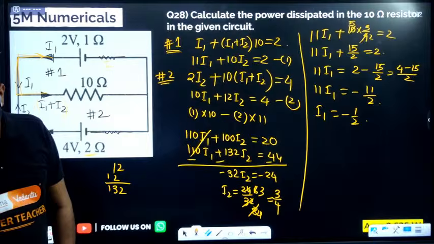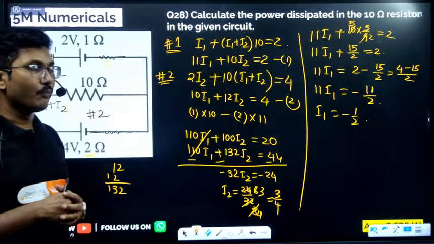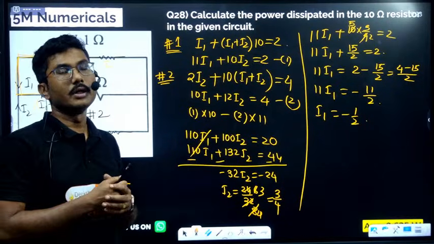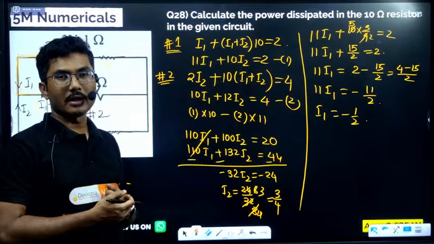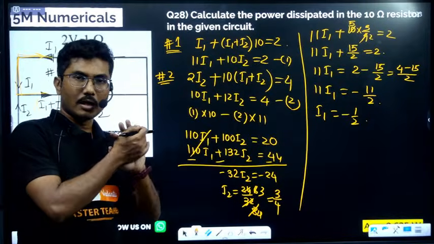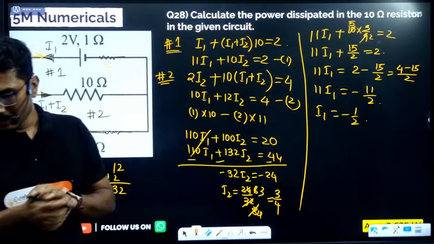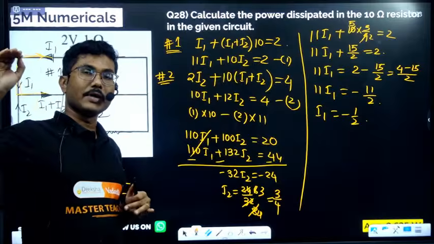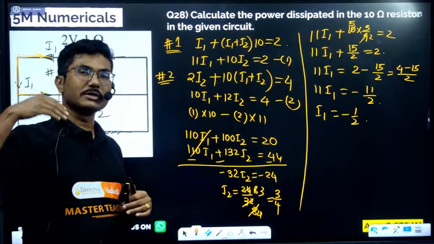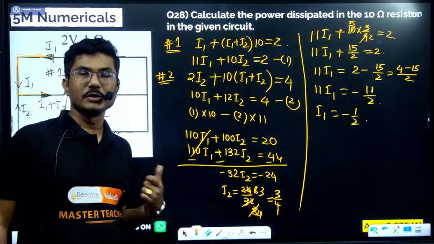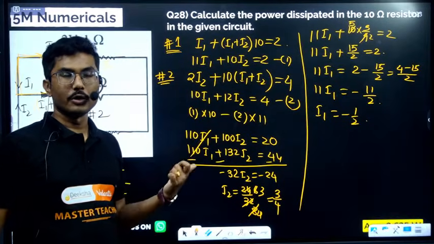Mystic, it depends on your final board results, right? If your board results were good, then you can take a drop. If your board results are not that good, then taking a drop will not help you, because you are only playing with 50%, the other 50% is already written for your board exam, right? So if you are taking a drop, make sure your board results are 85% and above, then you can take a drop, because every year the cutoff will be difficult. Every year board results will be better, students will do better than the previous year.